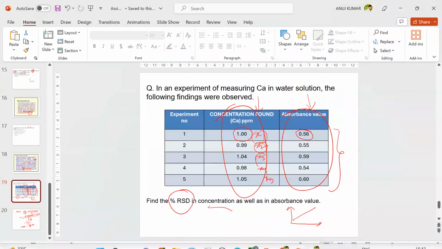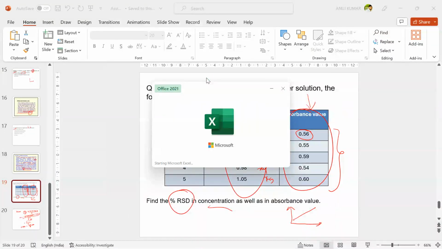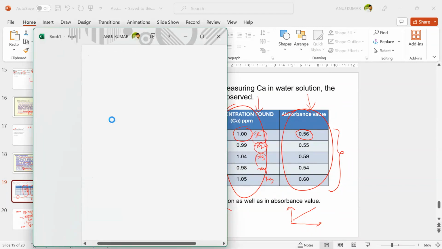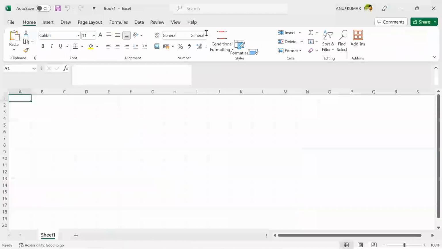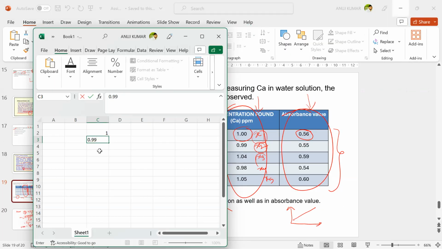Or let me just do it in Excel. If I am writing here 1.99, 1.04, 0.98 and 1.05.